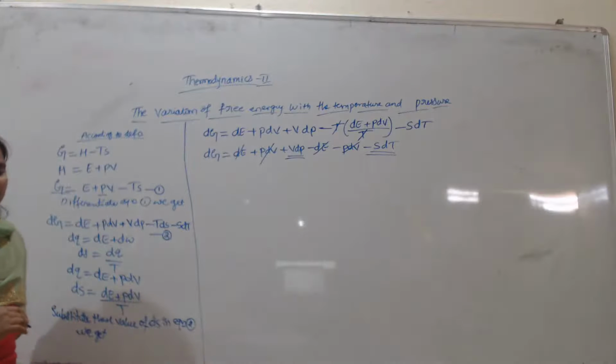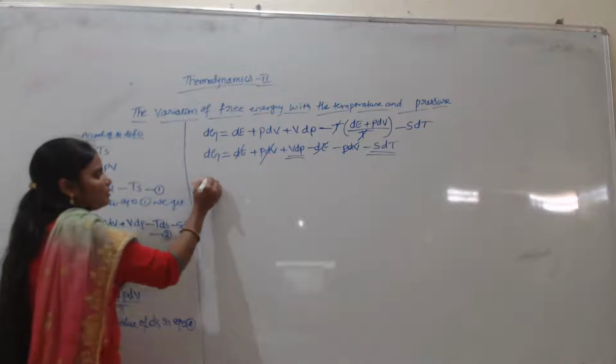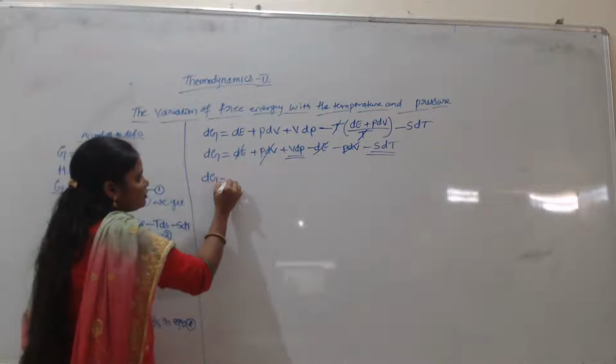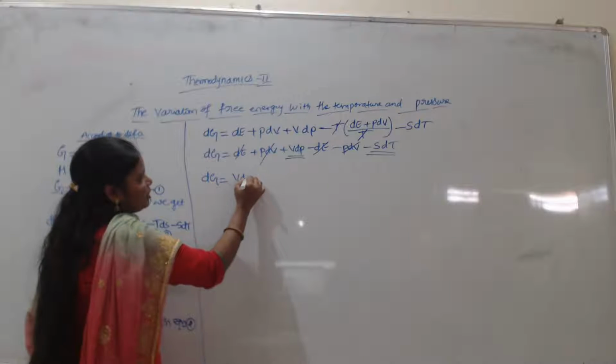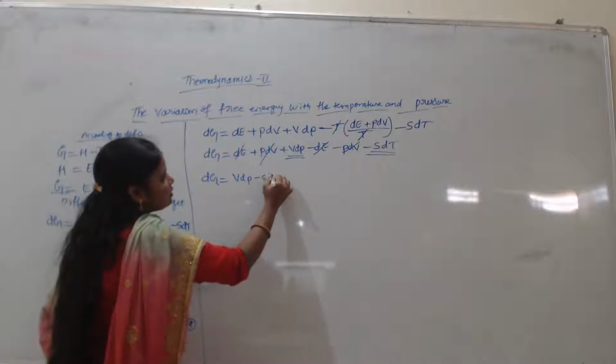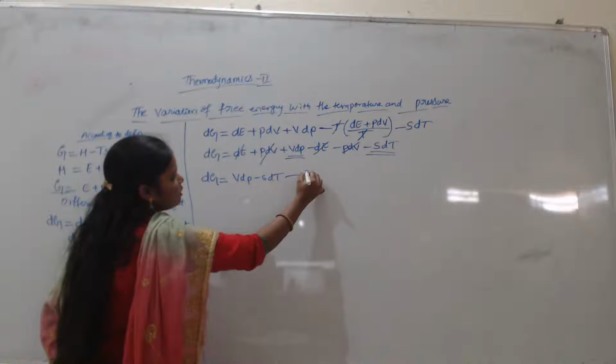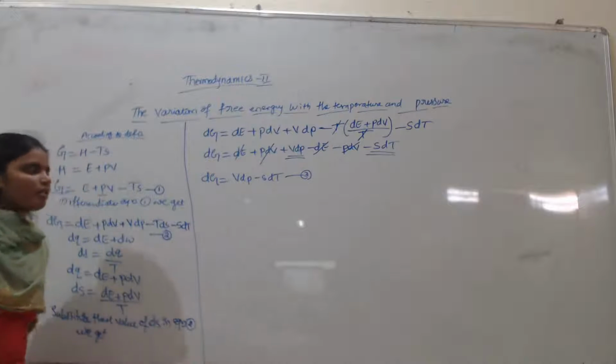You get this equation: dG is equal to V dP minus S dT. This is equation number 3.